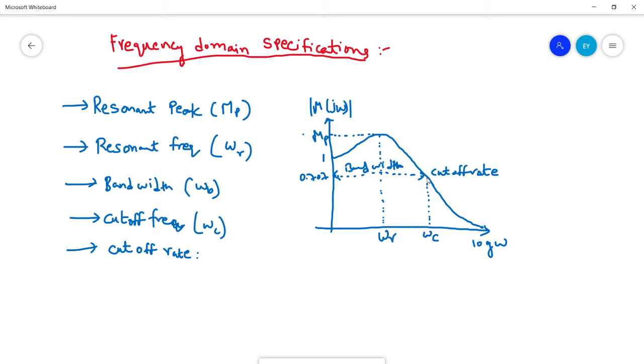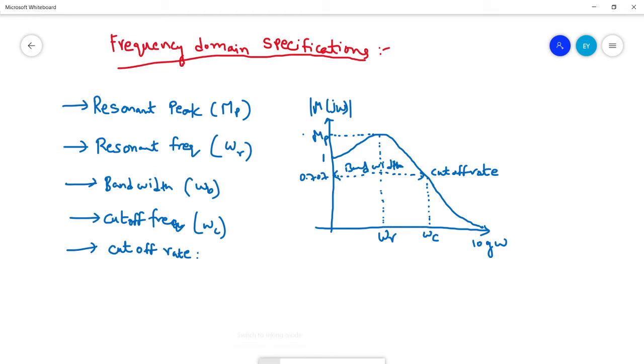The cutoff rate is the rate of change of slope of the magnitude. In other words, the cutoff rate is the slope of the frequency response near the cutoff frequency, right? The slope that occurs at the cutoff frequency is the cutoff rate.